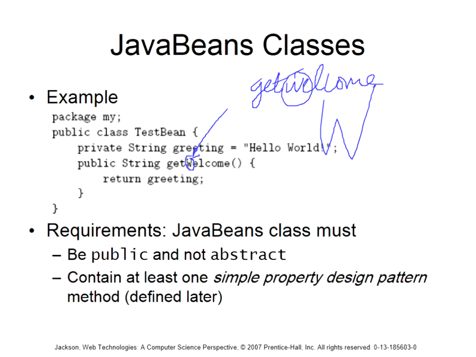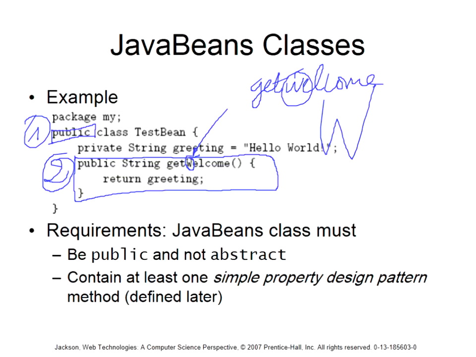It is a simple class. It must be public. This is a requirement. And it must contain at least one simple property design pattern method. So the second thing, contain at least one method like this. And this method is a special method, a simple property design pattern method. We will see together how we can design this property method. Is it clear?